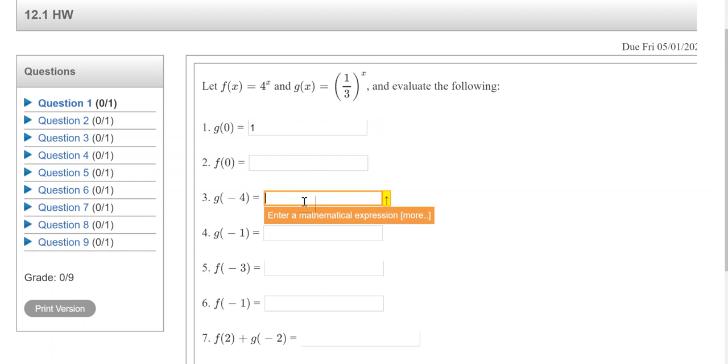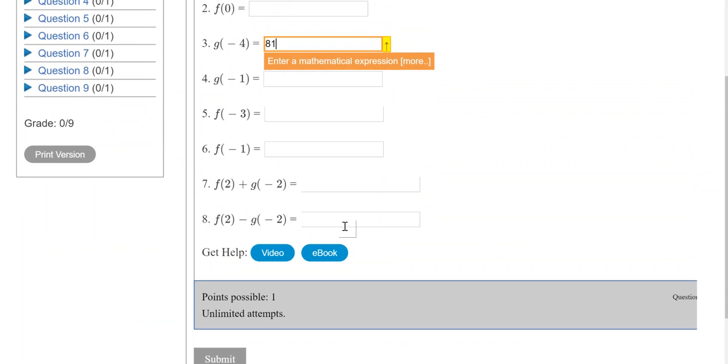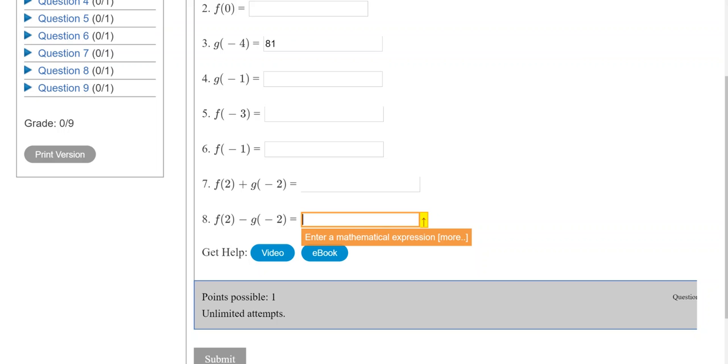We found g of negative 4 to be 81. And we also did, oh, and I think I labeled it 9, but not 8. But we did the last one here. Yeah, I'm sorry, I labeled it 9, but we did 8 here. And our answer was 7.